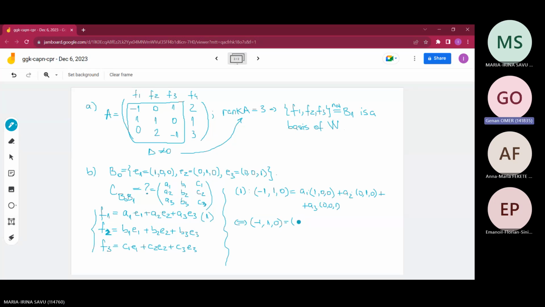When you make the sum, you get A1 on the first position, A2, A3.